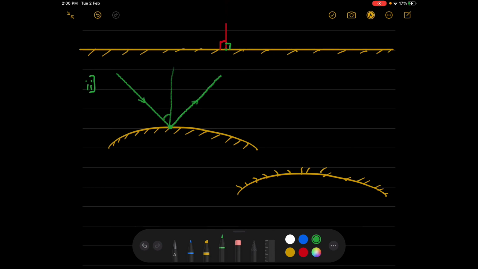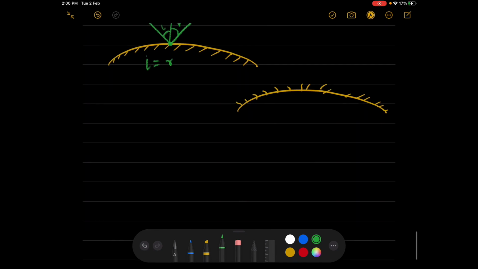Okay, so this angle i would also be equal to r. i is equal to r, and over here in this one as well, the incident ray is coming here, strikes, bounces back, so the angle of incidence is equal to the angle of reflection here as well.